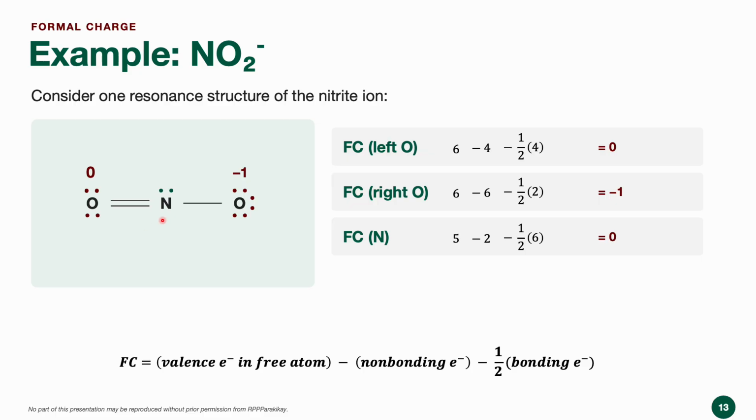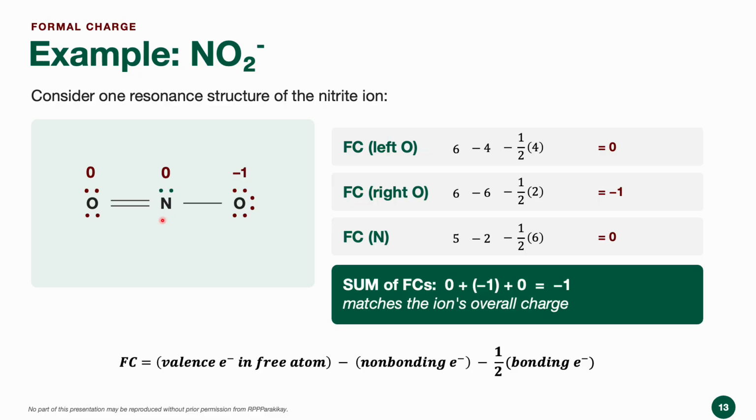Okay, and add the 3 formal charges together, 0 minus 1 minus 0, and you get -1 overall, which exactly matches the charge on the nitrite ion, NO2 minus.